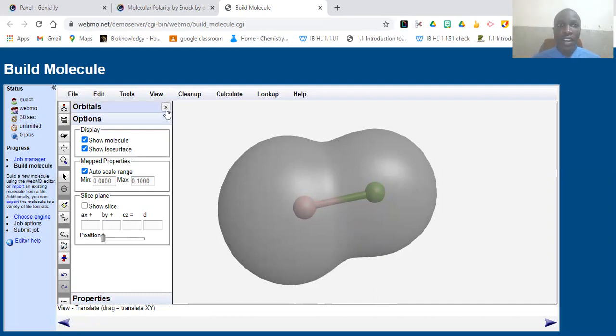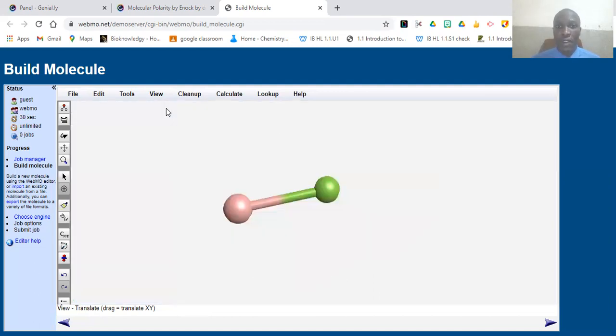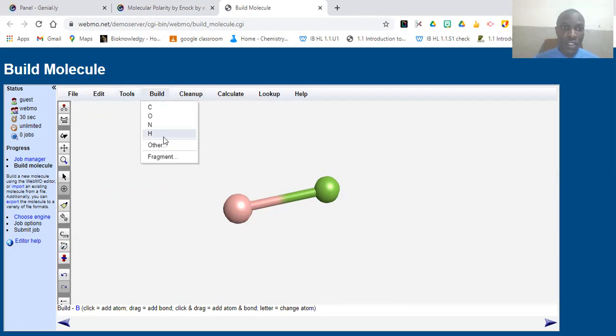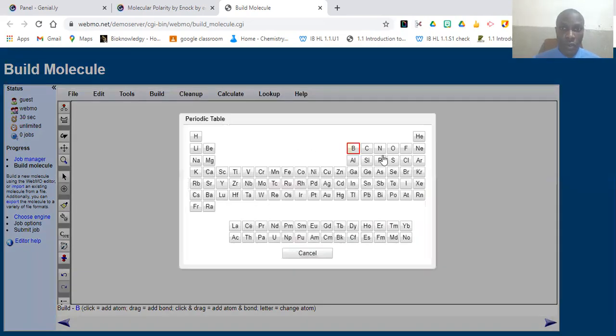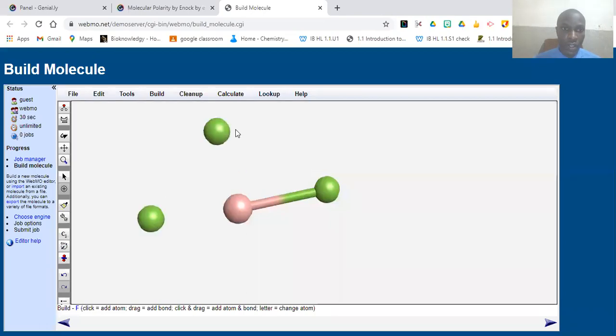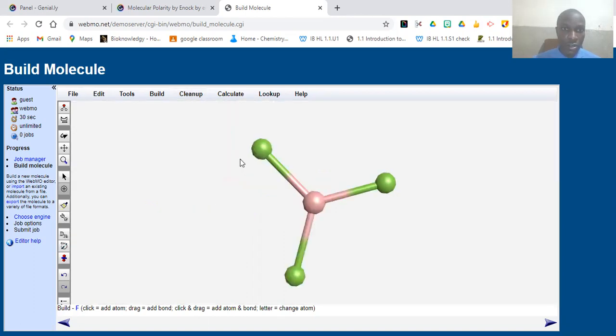However, if it is boron fluoride with the three fluorine atoms, the molecule is non-polar. Let me add more fluorine so that you can see it. This is fluorine. This is fluorine. Let me add the bonds. Let's get the idealized structure.